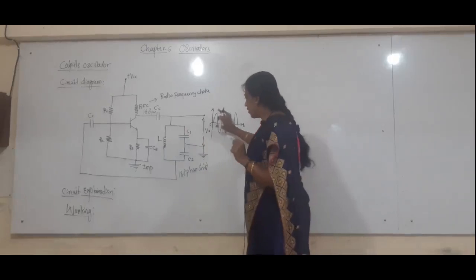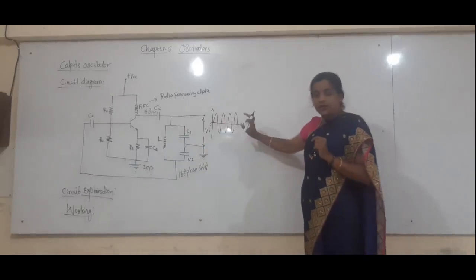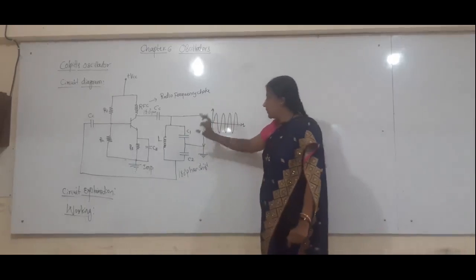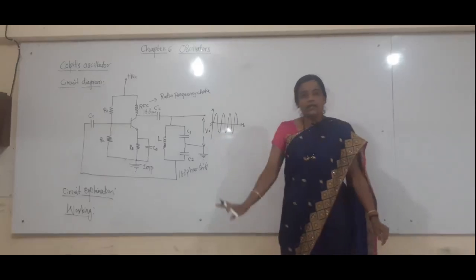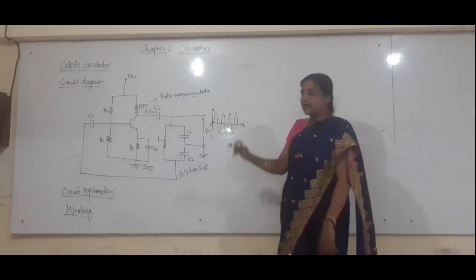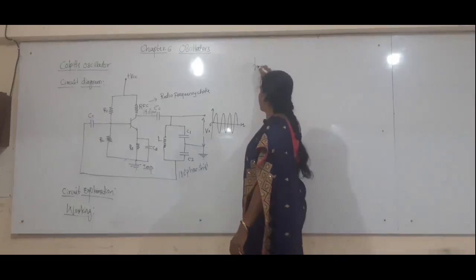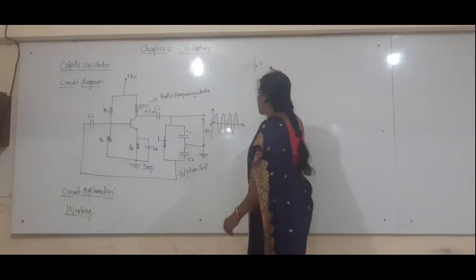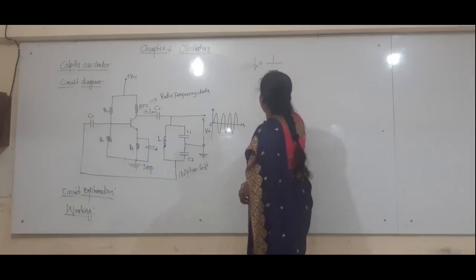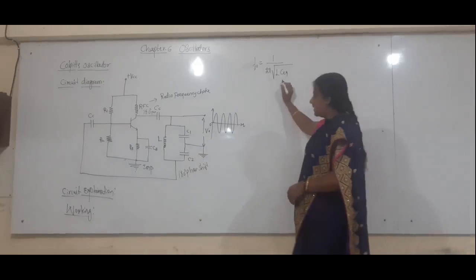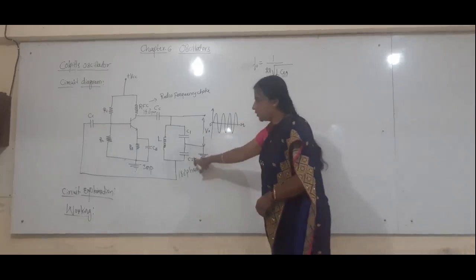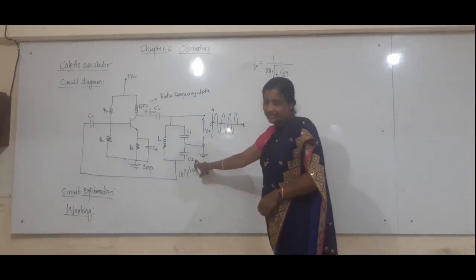The electrical oscillations are taken at the output of your capacitor C1. Here at the output we get the electrical oscillations, and these oscillations have a frequency. The frequency of the electrical oscillations is given by f0 equals 1 by 2 pi root of L C equivalent, where actually it is LC, but here two capacitors are employed in the tank circuit, connected in series.